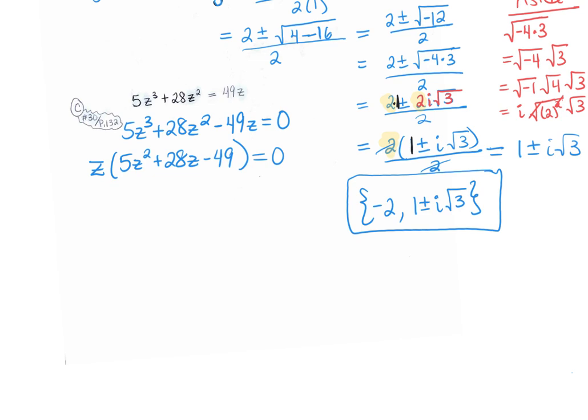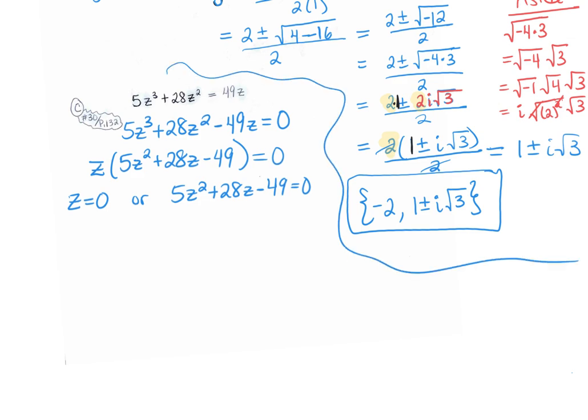So you're at a point now where you get z equals 0 or 5z squared plus 28z minus 49 equals 0. If you want to use the quadratic formula for the one on the right, you can do it. I'm going to choose to factor it just to show you another way.